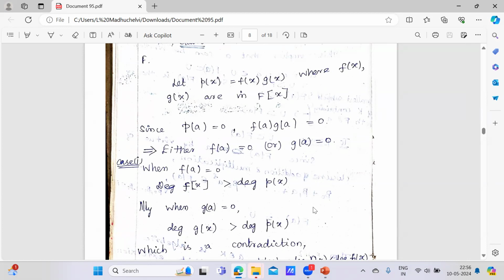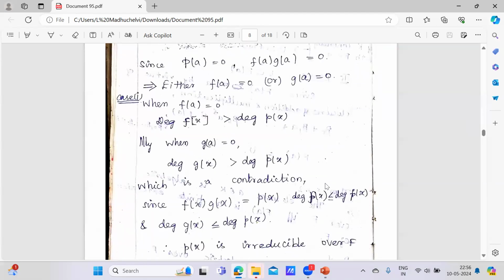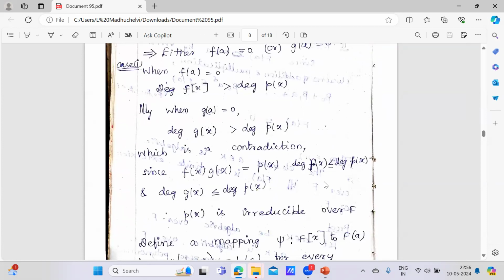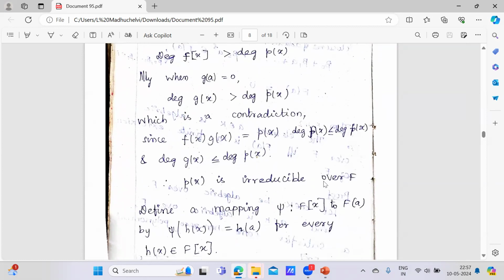Similarly, when g of a equal to 0, the degree of g of x is greater than the degree of p of x, which is a contradiction because f of x into g of x equal to p of x implies the degree of f of x should be less than or equal to the degree of p of x and the degree of g of x also should be less than or equal to the degree of p of x. Therefore, a contradiction we get. Hence, p of x is irreducible over F.